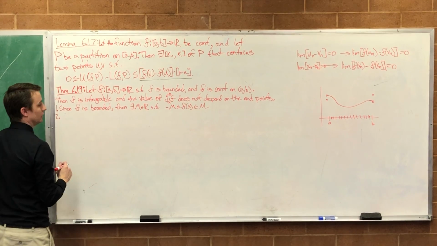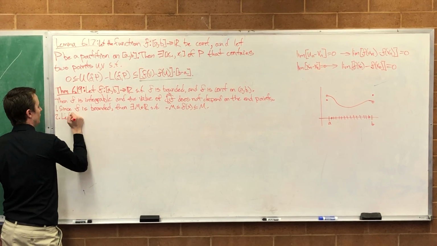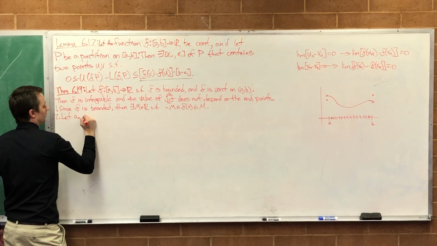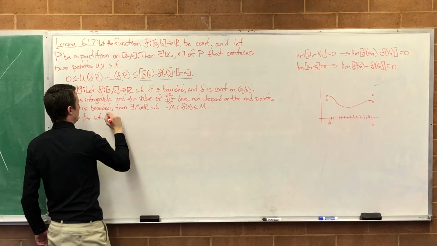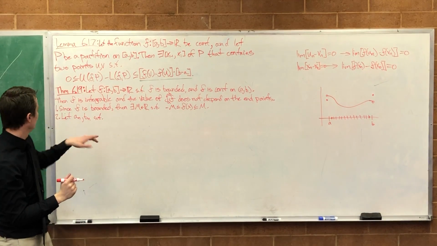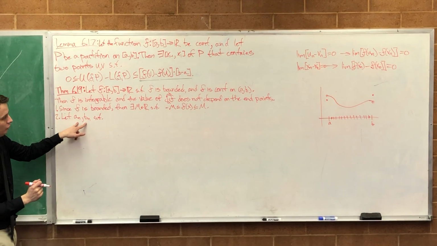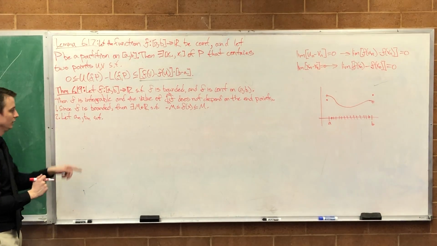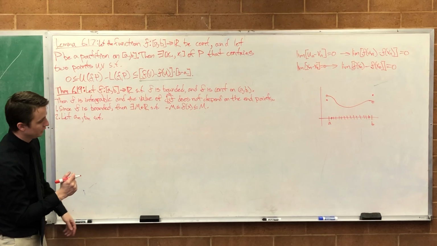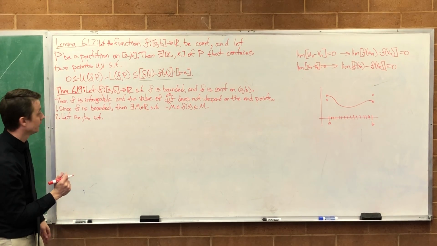we can just use a_n at the end. Let a_n be, and I want a_n and b_n to be the endpoints where I do my partition. So I want a_n always to be to the left of b_n, and I always want it to be greater than a and less than b.